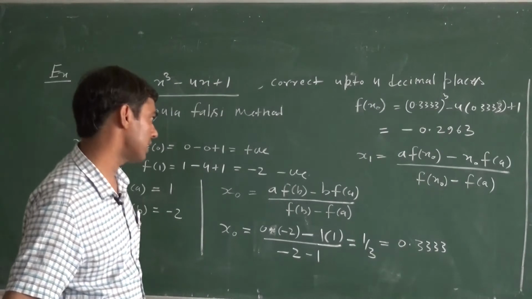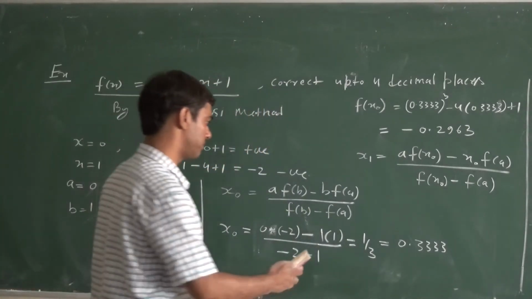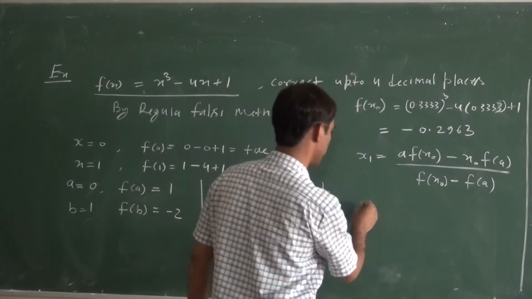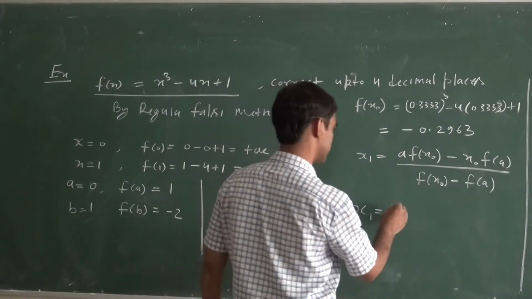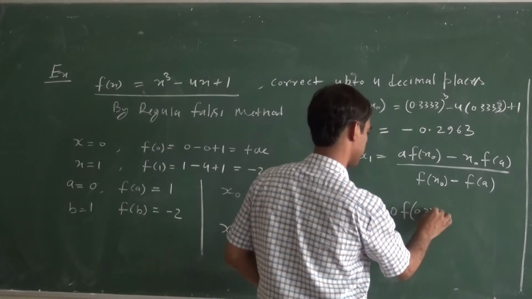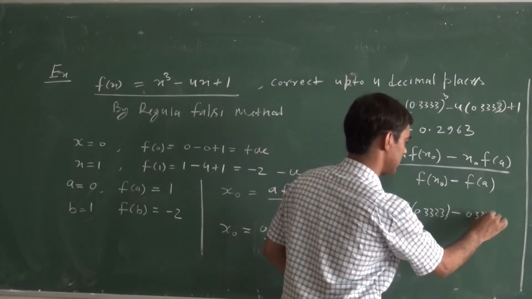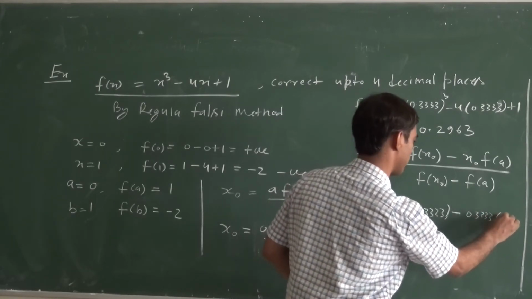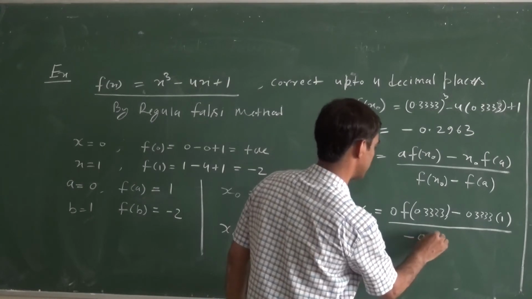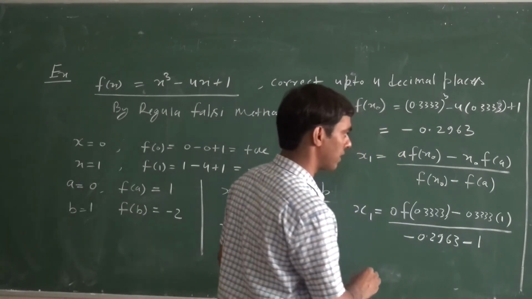Now if we put in the values of a, x0, f of x0, and f of a, we find x1 equals a, which is 0, times f of x0, which is minus 0.2963, minus x0, which is 0.3333, times f of a, which is 1, divided by f of x0, which is minus 0.2963, minus f of a, which is 1.